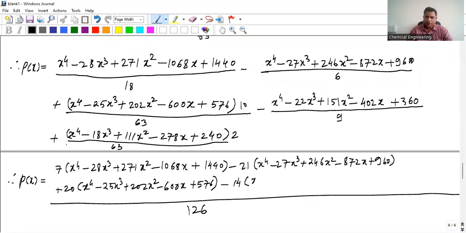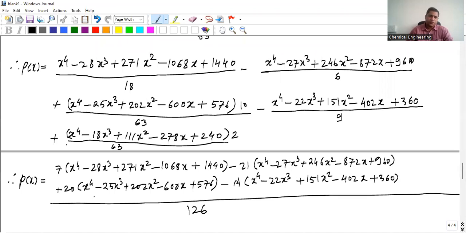Okay, so we got here x raised to 4 minus 22x cubed plus 151x square minus 402x plus 360.